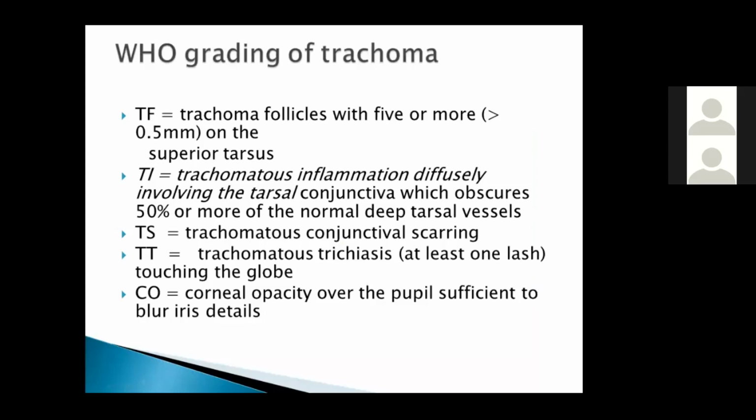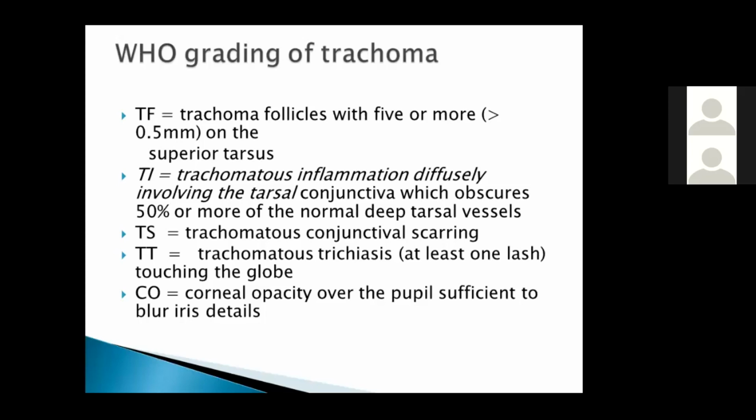The WHO grading is important, usually an exam type of question. TF is trachomatous follicular, the inflammatory phase of trachoma. It has its own criteria to make a diagnosis: at least 5 follicles. I will show you what follicles look like on the subsequent slides. TI is the second stage, trachomatous inflammation, which means there will be diffuse inflammation of the tarsal conjunctiva.